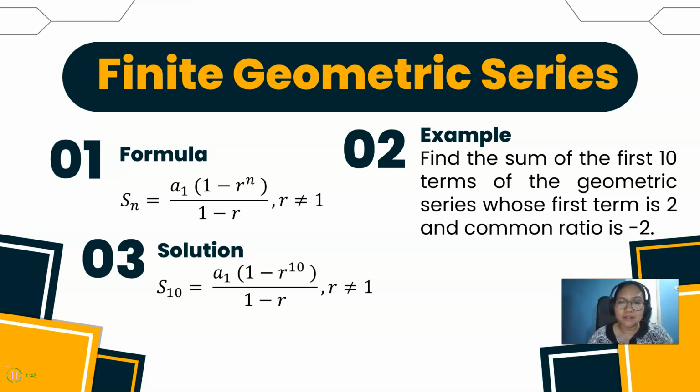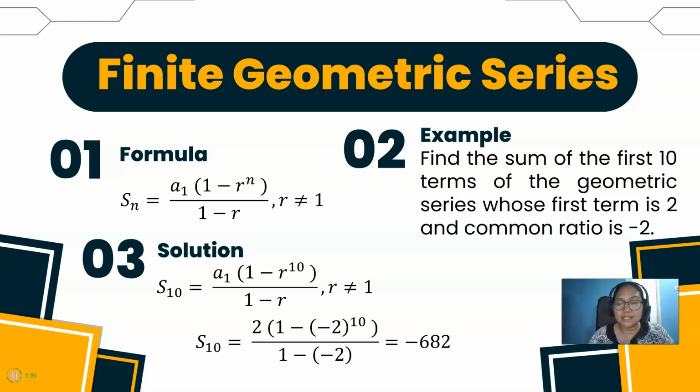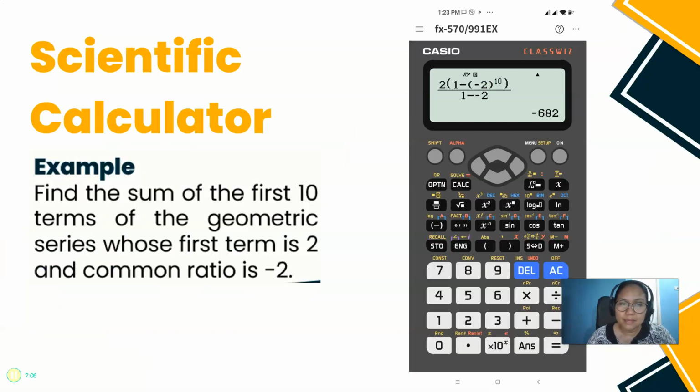Let us replace the variables in the given formula. Therefore, we have S sub 10 is equal to 2 times 1 minus -2 raised to 10 over 1 minus -2. And that will be equal to -682. This is how you type it in the scientific calculator.